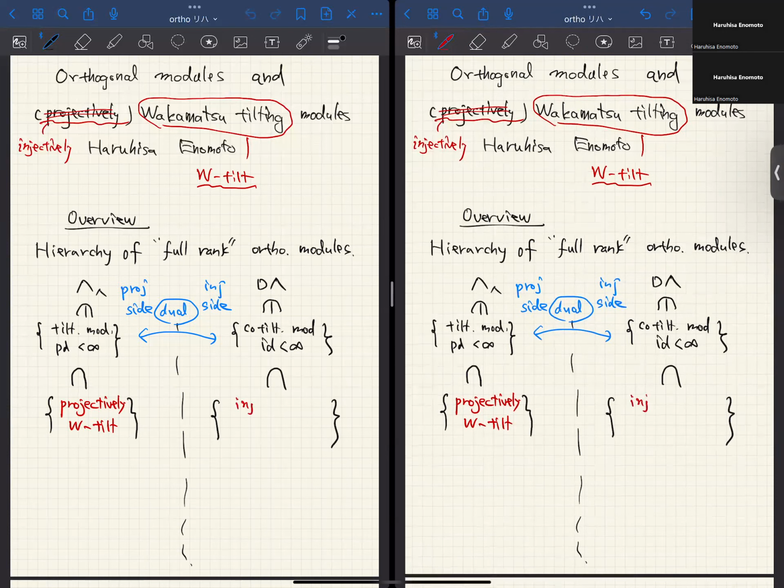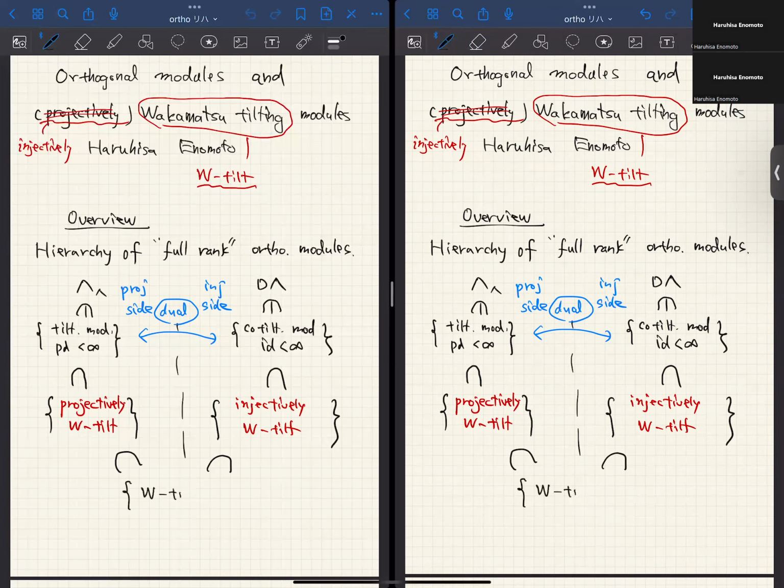And the dual notion is injectively Wakamatsu tilting module, which generalizes cotilting modules with finite injective dimension. They are dual to each other, and as the name suggests, both are special cases of Wakamatsu tilting module. These two concepts are new ones which I introduced in the paper.